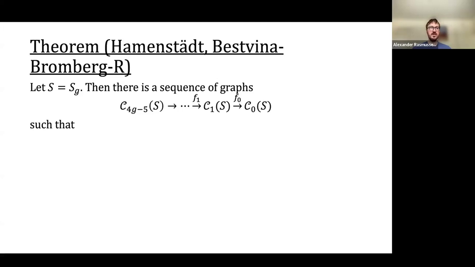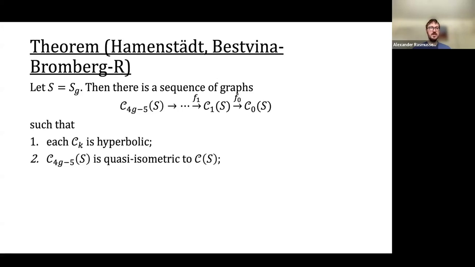So we have our closed surface, then there's a sequence of graphs, C_k, with maps from one down to the next, such that each C_k is hyperbolic. The graph at the top of the sequence is quasi-isometric to the curve graph. All of these maps are distance non-increasing.